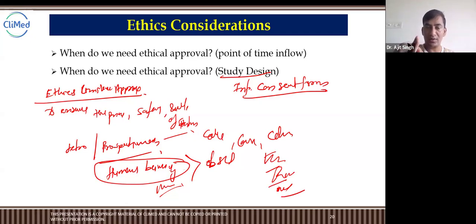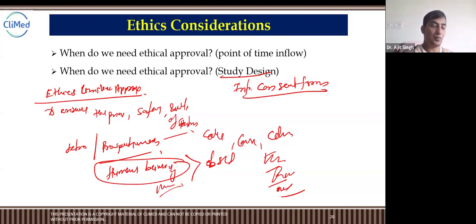Three things you have to remember. Human being involvement is must. If you remember only this one thing, let it be the timeline, let it be the differentiation in the studies, just human being involvement in the clinical studies, you will understand that it is must, whether those studies are prospective or retrospective, doesn't matter.